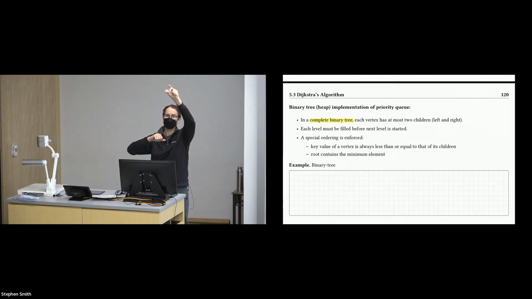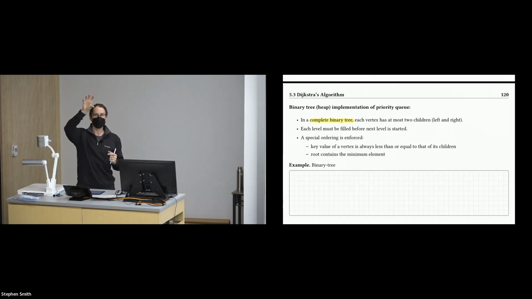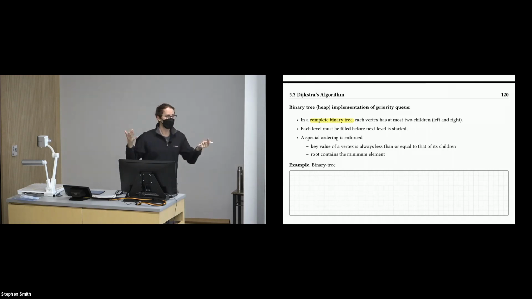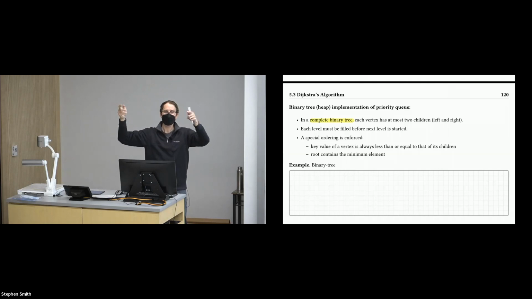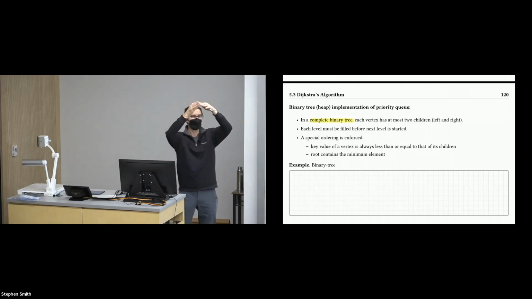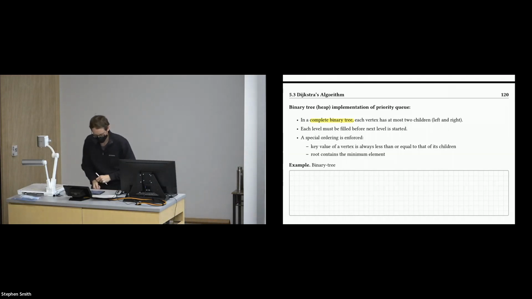So the top level contains 1 vertex, then 2, then 4, then 8, then 16, and so on. And there's an ordering enforced, which is that the value stored in an entry is always smaller than the values of its children. In other words, the min value is stored at the top of the tree. Its 2 children are larger. I don't care which is larger between the left child and the right child, just that its children are larger than it, and the children's children are larger than those, and so it goes down in this fashion.